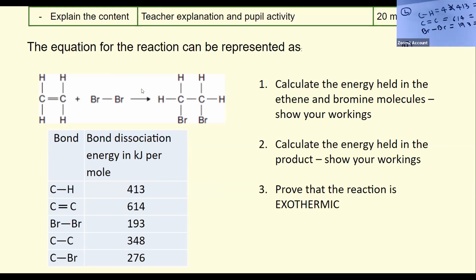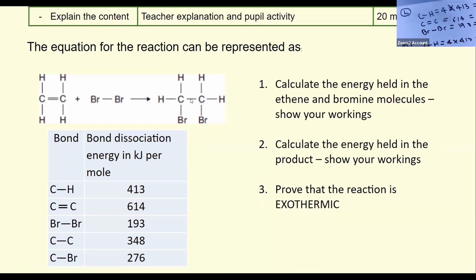Then I'm going to look at the other side, right. So I'm moving to this side of the arrow, our product, and I'm going to again count. Carbon to hydrogen, 1, 2, 3, 4. So that's going to be the same as my answer at the top: carbon to hydrogen, 4 times 413. I've then got carbon to carbon, and I've got 1, but this time I can see there's only 1 line.